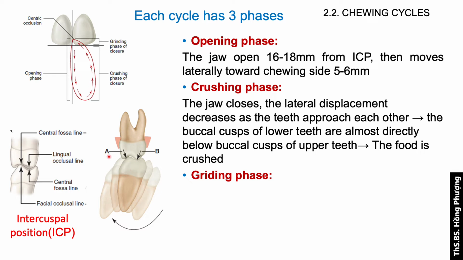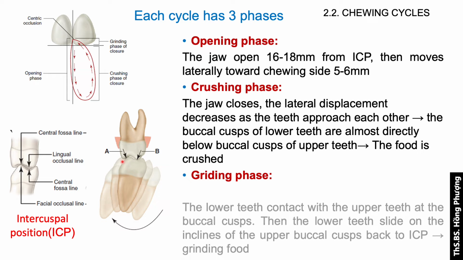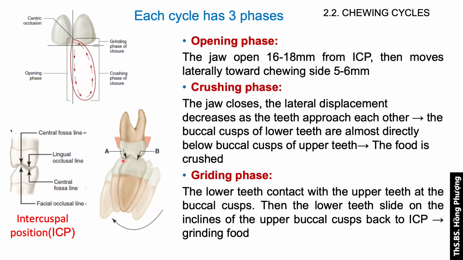In the posterior teeth, the buccal cusps of the lower teeth are almost directly below the buccal cusps of the upper teeth, and the food is crushed. In the grinding phase, the lower teeth now contact the upper teeth at the buccal cusps, and then the lower teeth lie on the inclines of the upper buccal cusps back to the intercuspal position, and now grinding of food occurs.